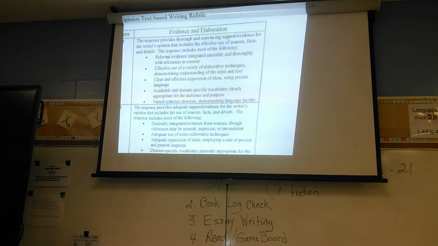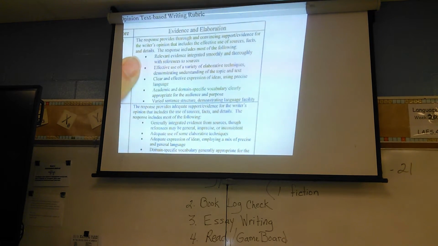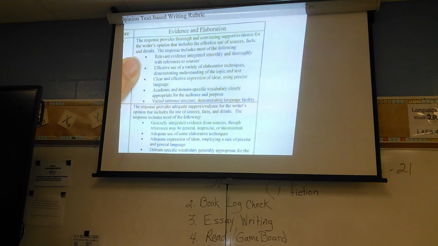But you have to make sure that you are choosing relevant evidence that integrates smoothly and thoroughly with a reference to the sources. In source 1, in text 2, in the book, The American Revolution. Effective use of a variety of elaborative techniques demonstrating understanding of the topic and text.